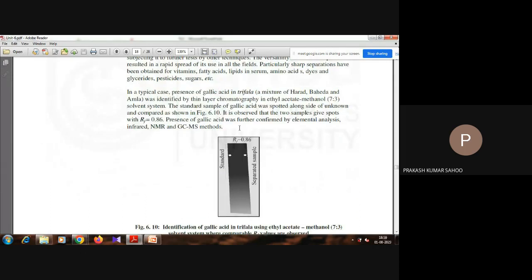This is an example of Trifala. Trifala is a mixture of Harida, Bahada, and Ola in Odia, but in English it is Harad, Baheda, and Amla. This is combinedly known as Trifala.